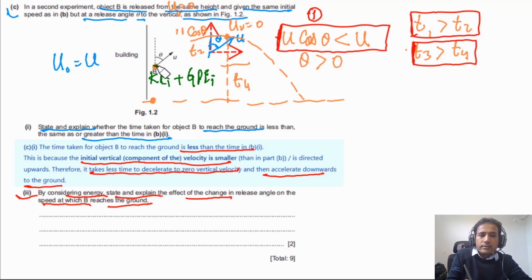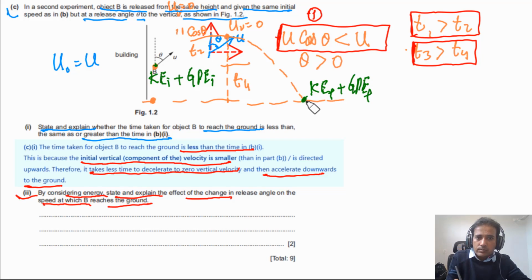It doesn't matter if we throw this way or this way, because the speed is the same, so the initial kinetic energy is the same, and the initial height is the same, so the initial GPE is also the same. As there is no air resistance, when they reach this point, the final kinetic energy plus final GPE again will be the same for both of them.